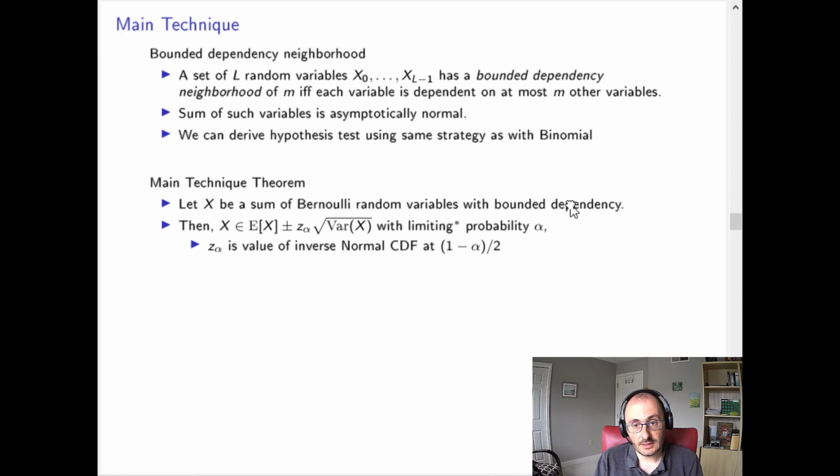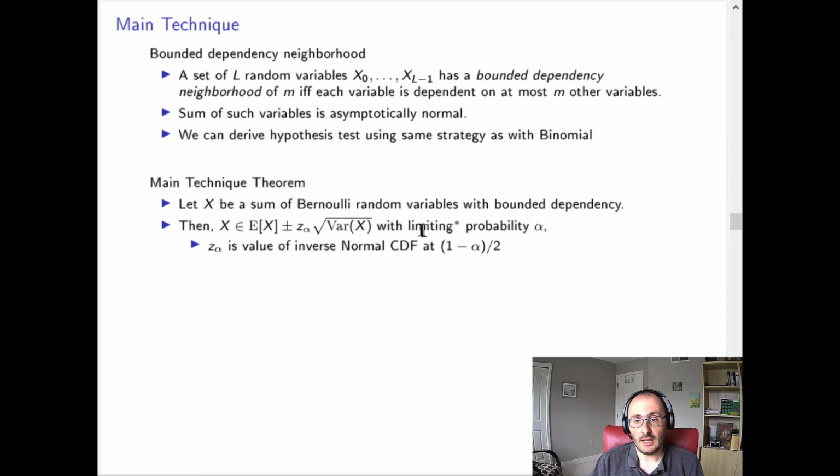Okay, so that gives us this theorem, which I call the main technique theorem because it's what we apply a lot in the paper. So let x be a sum of Bernoulli random variables with this bounded dependency. Then the variable x lies in the interval centered around its expectation plus or minus this term with limiting probability alpha.